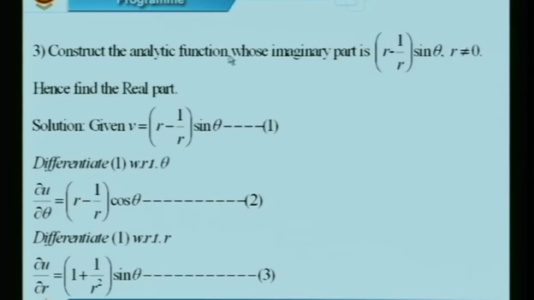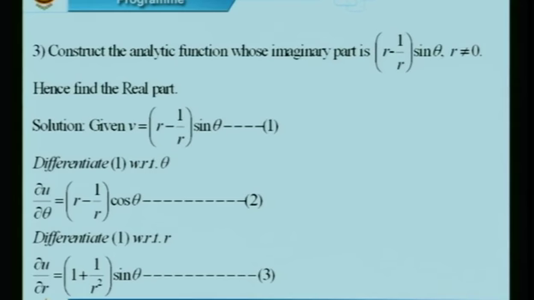Construct the analytic function whose imaginary part is r minus 1 by r sin theta, for r not equal to 0. Hence find the real part. Finding the real part means first you have to construct the analytic function, and from there we can find the real part.